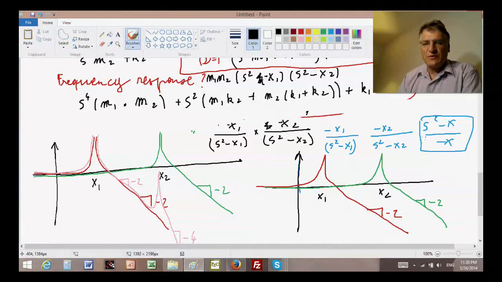But the interesting thing is we also have this guy. Now this guy is the inverse of these guys. Therefore, if I were to plot it, it would look like a mirror image of the other two guys, and it would drop at x.